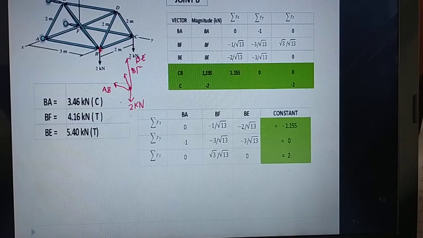We have the diagonal member on the plane of XA, that is member BF. So you have 3 unknowns. Be careful of the sign and direction of the components. So this is the answer: BF is 3.46. It is not tension, but compression, and BF is tension and BE is tension.